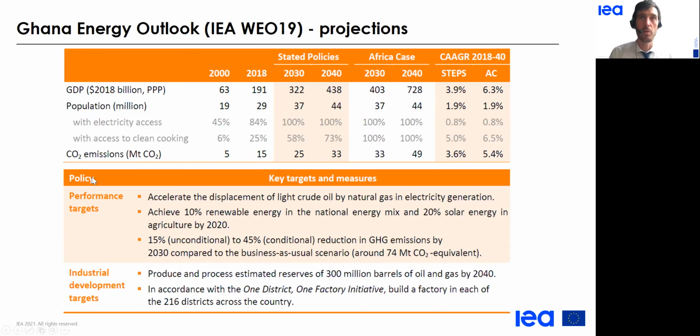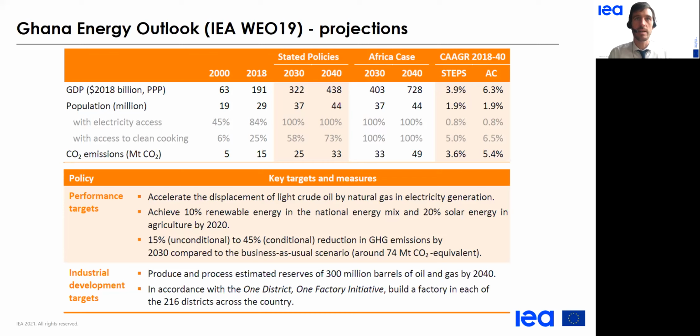You can also see a table with policies, targets, and measures we have identified. And in case this is not accurate or not updated, please feel free to share your updated elements here.